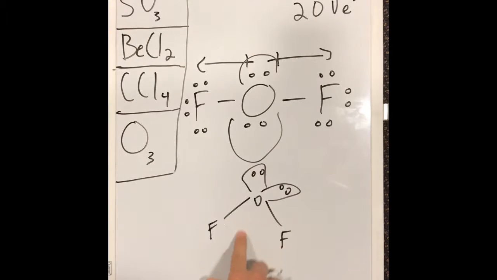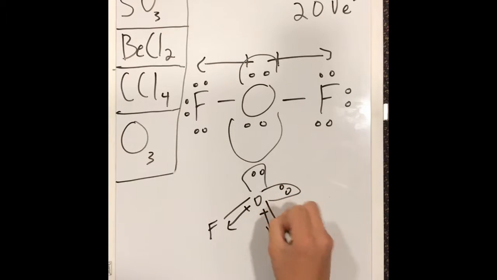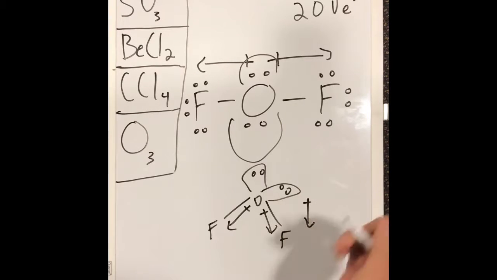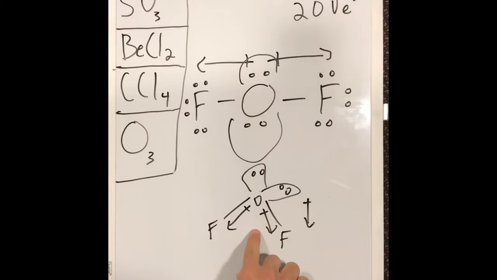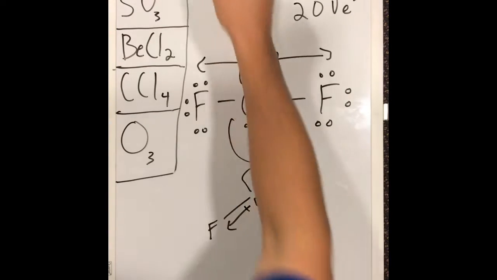So our molecular geometry is actually bent, and obviously the dipoles will not cancel out at this point, and we'll have a net dipole going down. This leads us to believe that this molecule is polar.